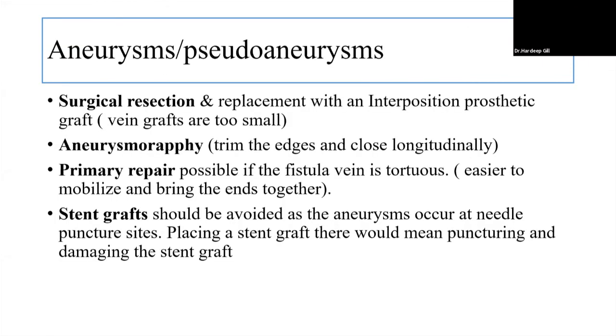So the treatment of aneurysms and pseudoaneurysms with a view to salvage the fistula is essentially surgical. So surgical resection and replacement with an interposition prosthetic graft is a good way to do it. Now, vein grafts are too small because the native vein diameters are like 3-4 millimeters, and very rarely would you even find a 5 millimeter vein to use as an interposition graft.